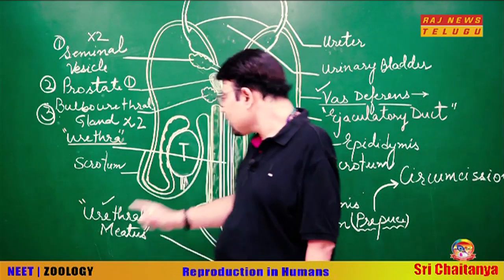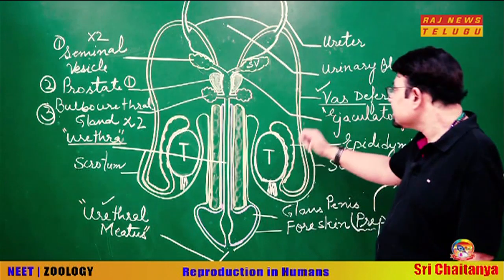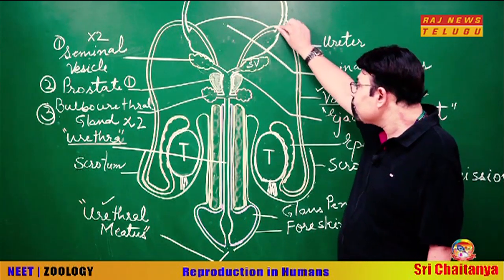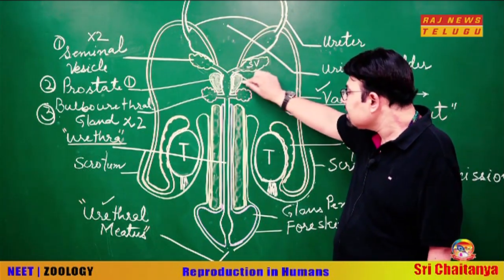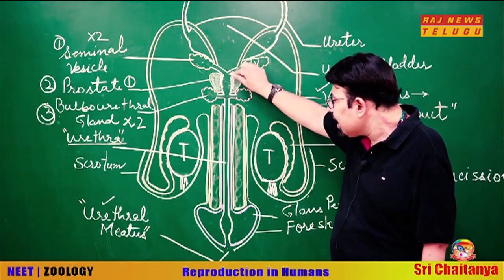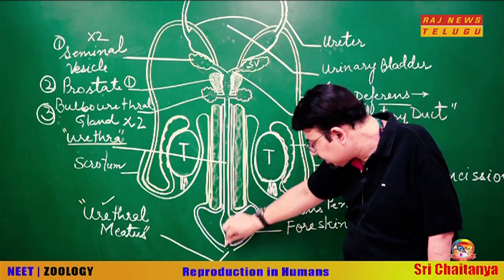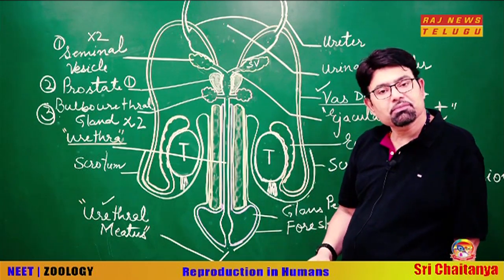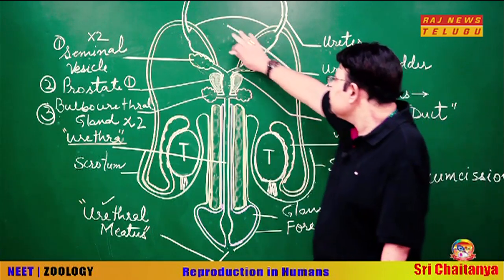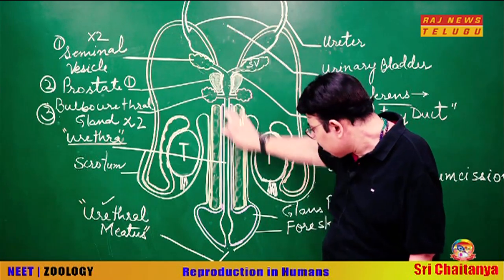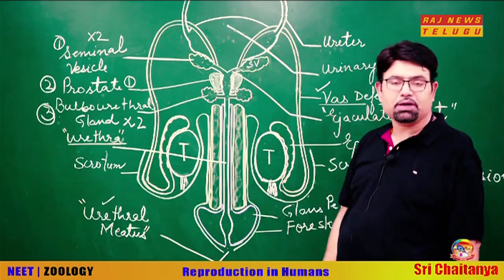But in males, as you can see, it brings the sperm from here, and these glands secrete their fluid, then it becomes semen and can come out through the urethra. Also, the urine which is stored here can be expelled out through the urethra.